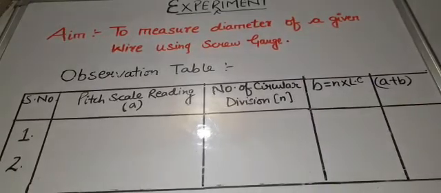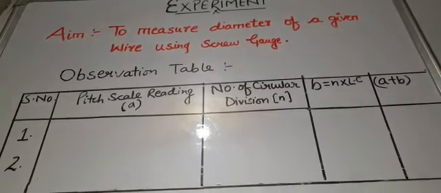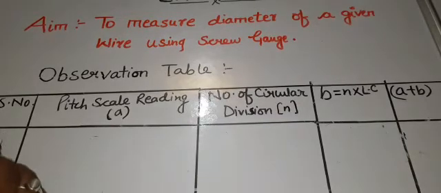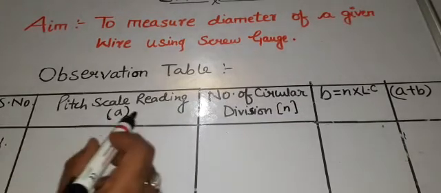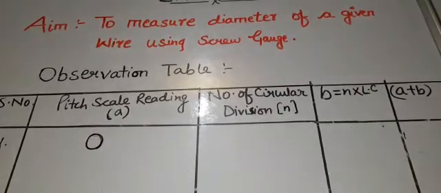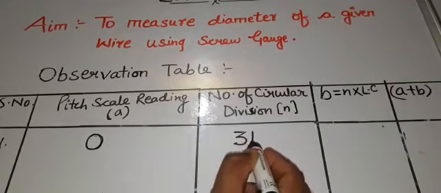In our observation table, we have serial number, pitch scale reading A, number of circular divisions N, B is equal to N into least count, and total reading A plus B. Now we will note down our first set of readings. The pitch scale reading is 0. Number of circular divisions is 31.